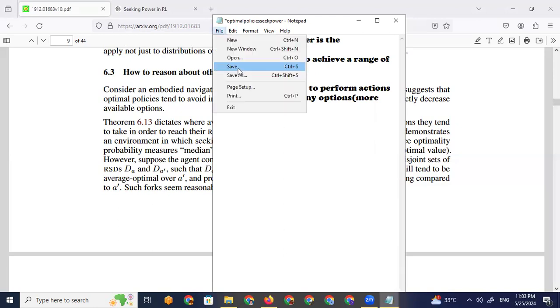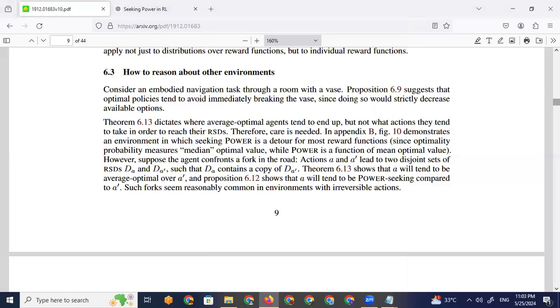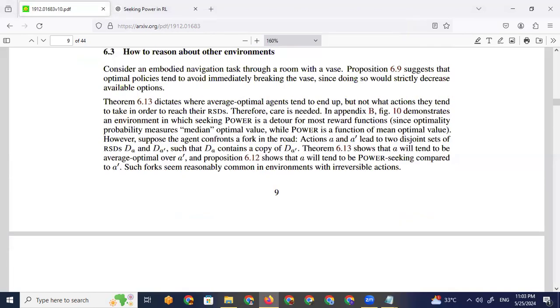So this is the definition of power. Just save it. And then is there any other conclusion that we have?